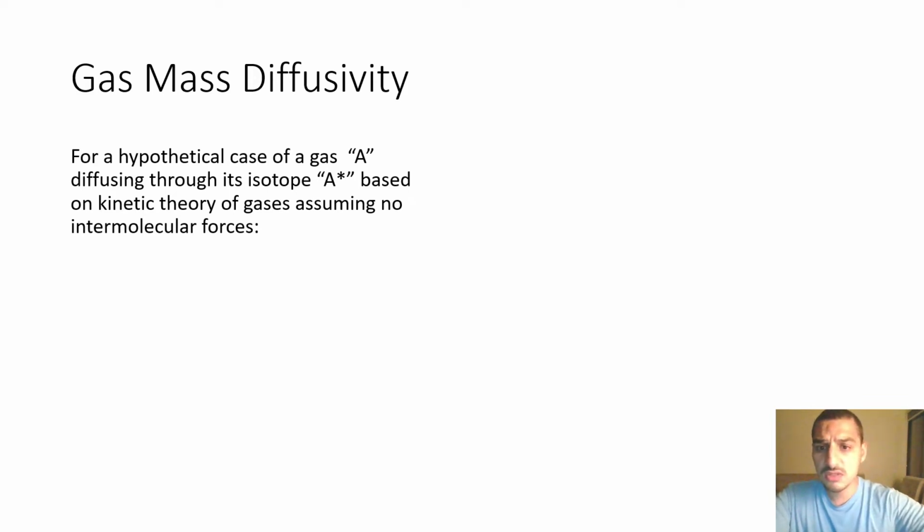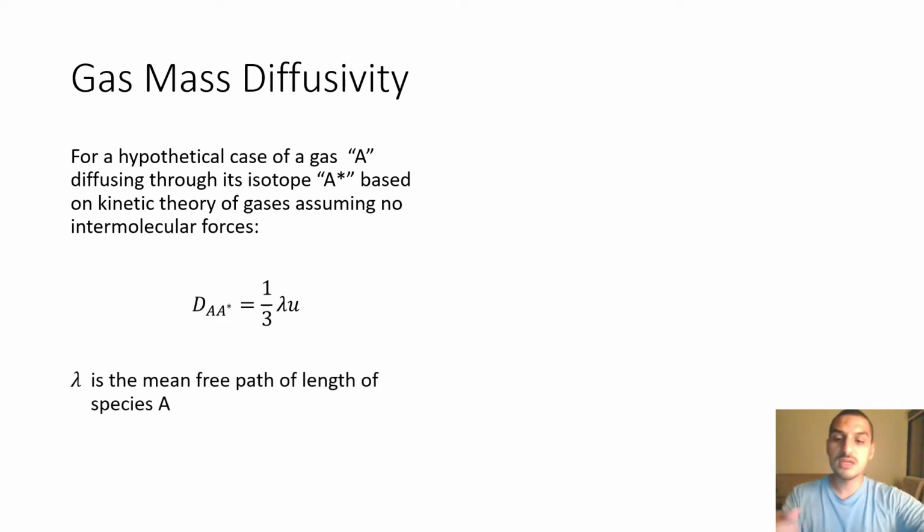Based on the kinetic theory of gases, the diffusion coefficient can be calculated using this equation, where the diffusivity of A in A star equals 1/3 multiplied by lambda multiplied by U. Lambda is the mean free path length of species A, and this means that any gas molecule that is diffusing or moving from one point to another doesn't go directly in a straight line.